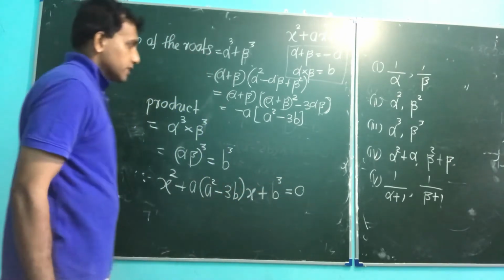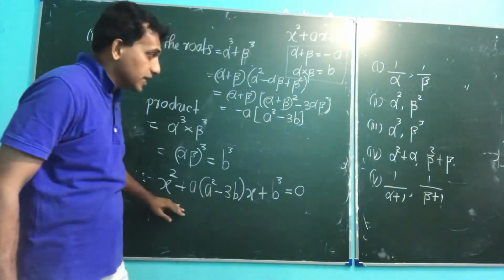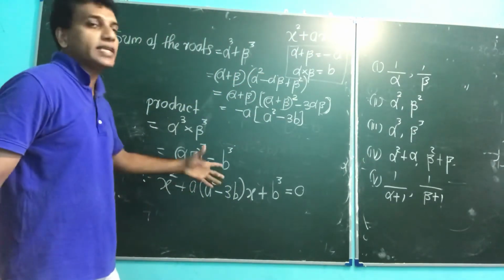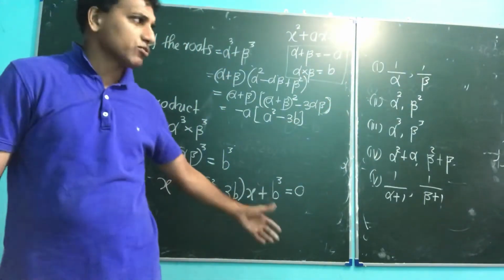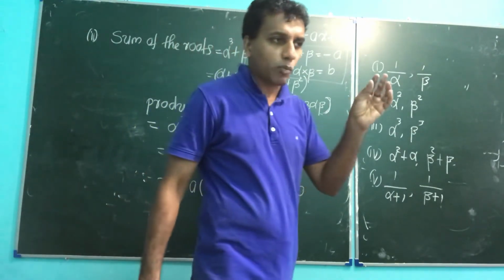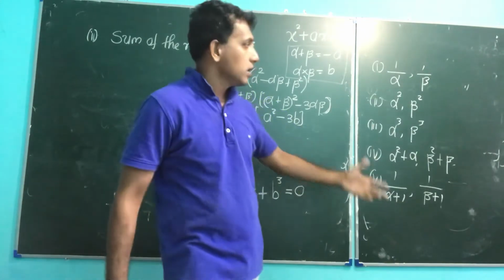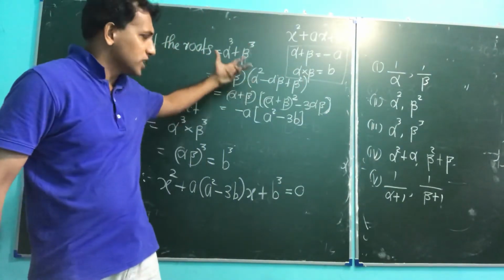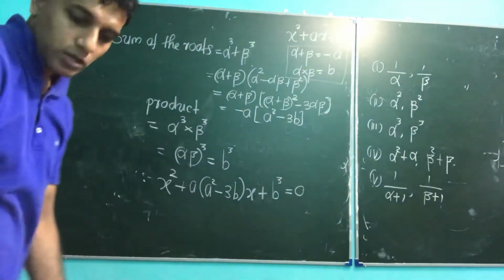Okay, this is the answer. If the first answer gives alpha and beta, this answer gives alpha cube and beta cube. Next one, the transformation is a bit difficult. Sometimes they use the transformation method or any other method. This is the traditional method, but for some questions there is an easier method.